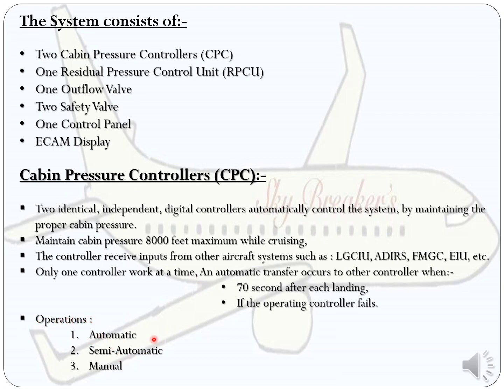We have automatic, semi-automatic, and manual. In automatic, the system controls everything. In semi-automatic, sometimes the landing elevation we need to select manually. In the normal case it is automatic, and the FMGC provides it to the cabin pressure controller. Next is manual. In case of malfunction of the system, the valve or the pressurization system needs to be controlled manually.